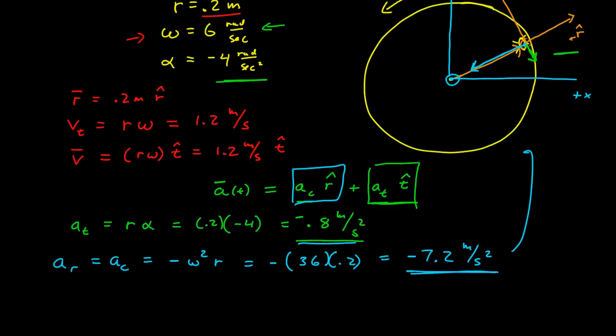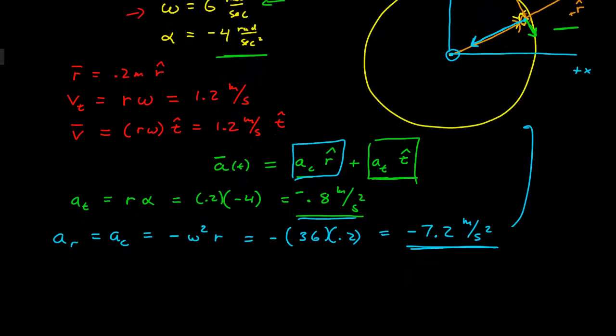So now, if we want to calculate the full acceleration, that acceleration is equal to the radial component, negative 7.2 meters per second squared, r hat, plus negative 0.8 meters per second squared along the tangential axis.